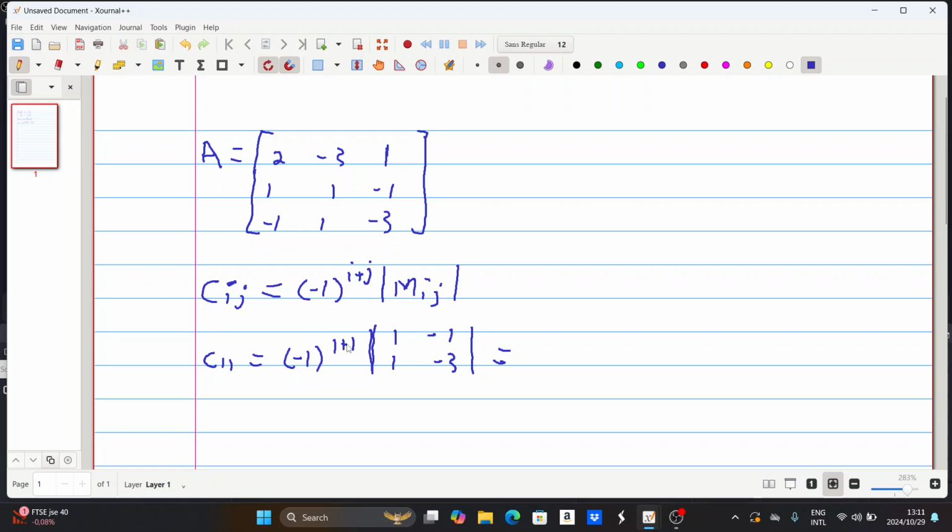1 plus 1 is 2, right? With the positive power, -1 to the power 2 is going to give us +1.